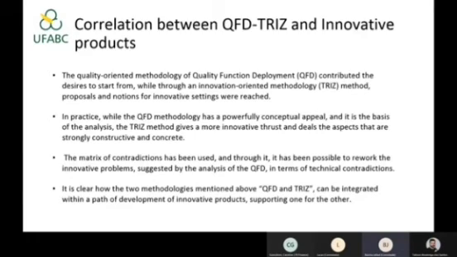In practice, while the QFD methodology has a powerful conceptual appeal as the basis of analysis, the TRIZ method gives a more innovative thrust and deals with the aspects that are strongly constructive. The matrix of contradiction has been used, and through it, it has been possible to rework the innovative problems suggested by the analysis of the QFD. It is clear how the two methodologies mentioned in this research paper can be integrated within a path of development of innovative products.